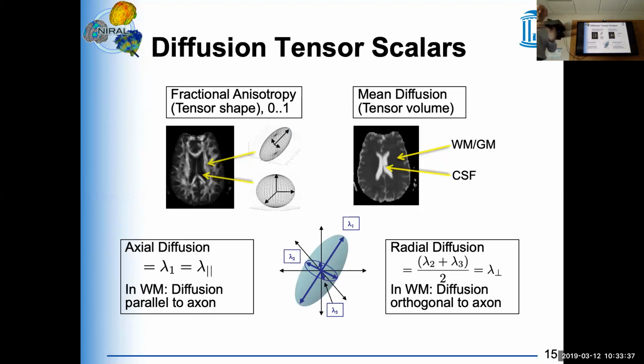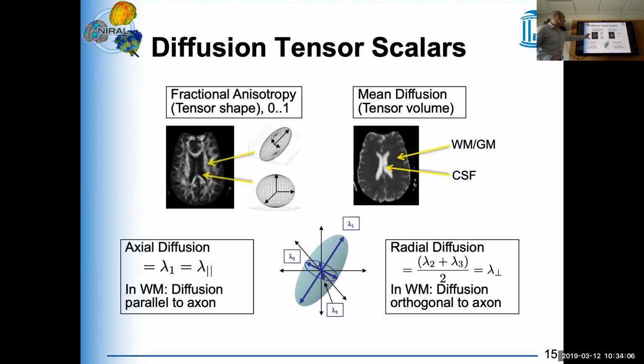Whereas FA is near zero in anything that is fluid, like the CSF, and it gets very bright in areas where the tracks are very tightly aligned, where we don't have crossing fibers, where we have maybe high myelination, such as the corpus callosum. Usually those are the areas where we see very high FA values.